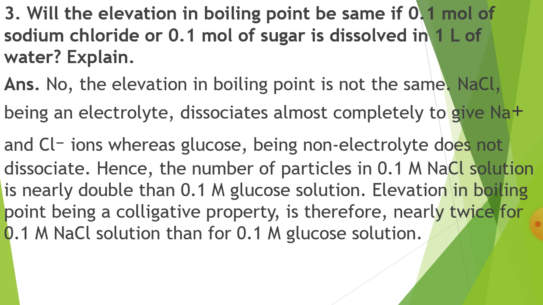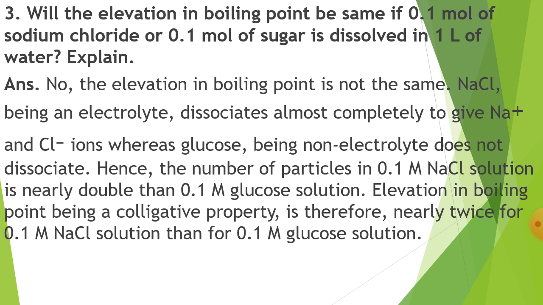Both solutes are non-volatile, but one is an electrolyte that dissociates in water, and sugar is a non-electrolyte, which does not dissociate in water. After dissociation, more particles are present, and boiling point elevation depends upon the number of particles. That's why sodium chloride has the higher boiling point.